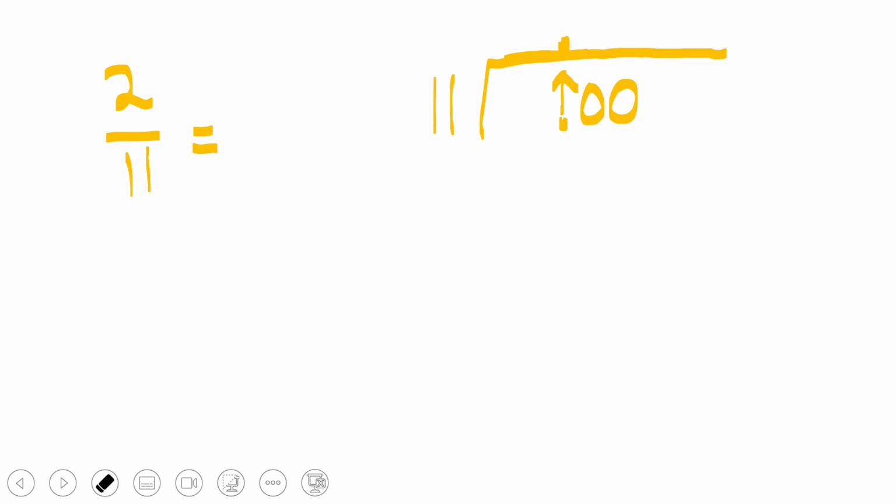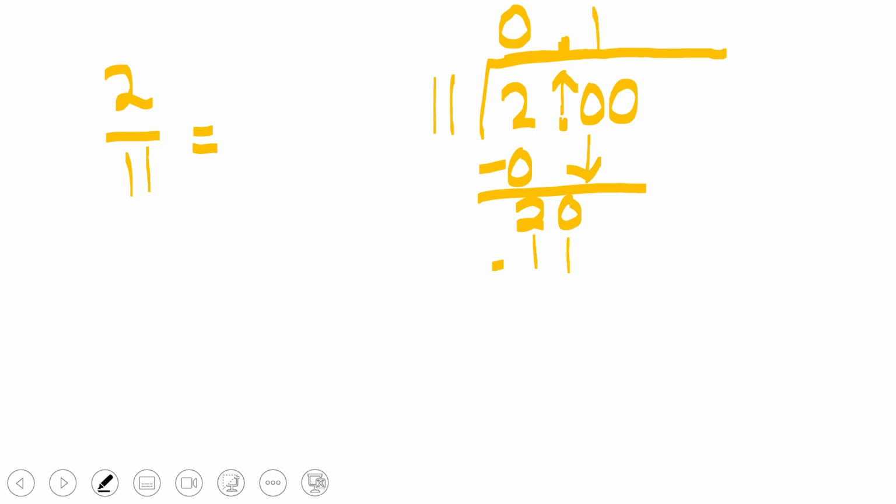Kind of a fat 2 there from the stylus. Okay, 11 into 2, no, that's a 0. And we bring that down. 2, bring down our 0. 11 into 20, that goes once. And we get 20 minus 11 is 9, bring down. 11 into 90 goes 8 times, 8 times 11 is 88.